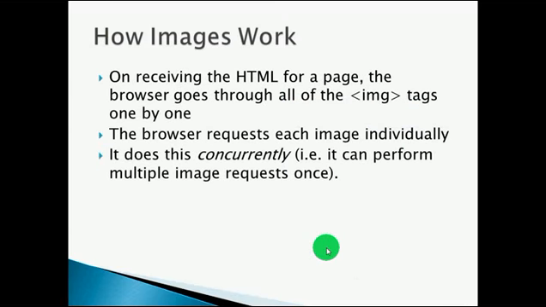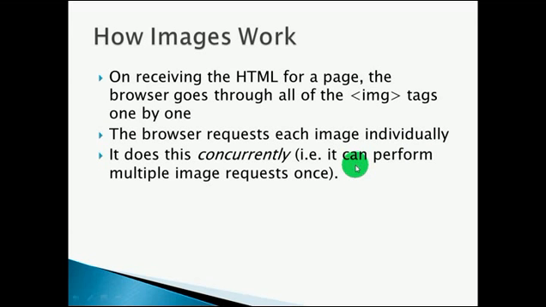Now the thing is, that your HTML page has got listed all the images that you need, and the browser will read through them and start sending off the requests one at a time, but the server will actually send them back concurrently. So it is just going to try and get them up to your browser as quick as possible. So you will be receiving all of the images at once.